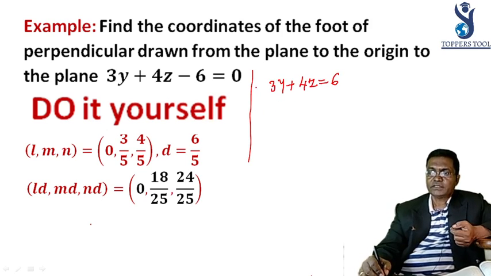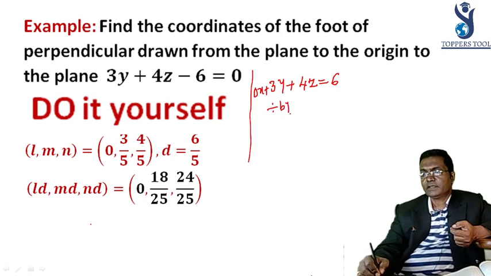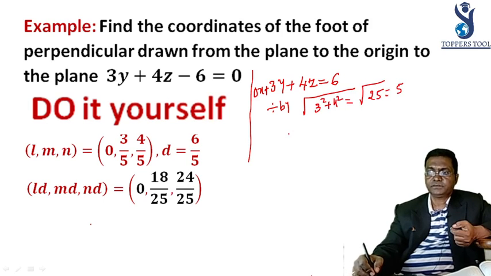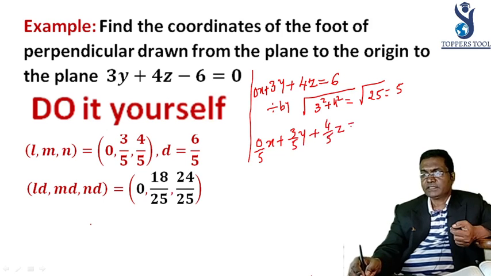You may write 0x, since x is not there, and divide by the square root of 3 square plus 4 square, that is root 25, which is 5. So on dividing by this quantity, you will get 0 by 5 x, 3 by 5 y, 4 by 5 z equal to 6 by 5.